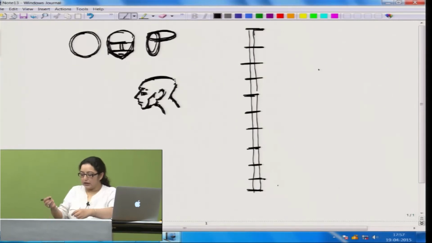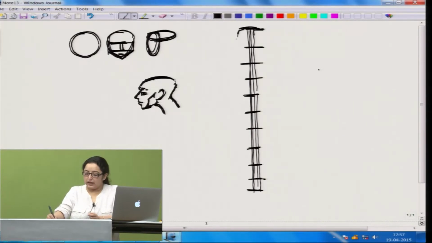There can be many more units. So, to begin with, this is our central axis of the figure and this is the head. As we say, we are not making the head too strategic. The head should come somewhere here and let us take the head as one unit.